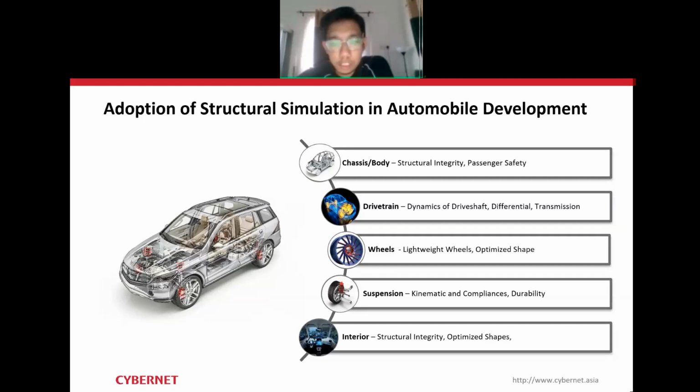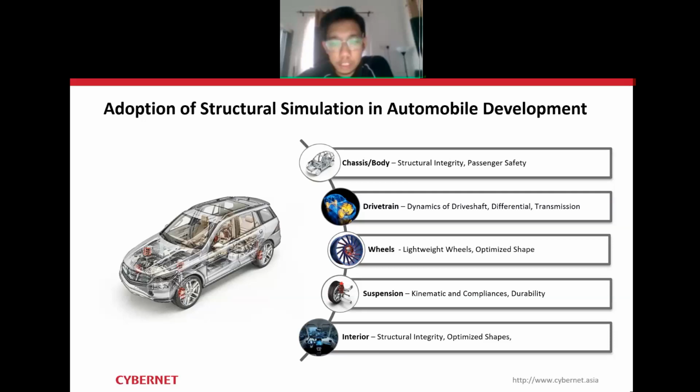We are talking about components such as the chassis and the body of an automobile, where we would like to analyze something like the structural integrity or the safety performance of the chassis. Then we have the drivetrain, which includes parts such as the drive shafts, differential, or maybe transmission, where the dynamics and also durability of the parts are crucial.